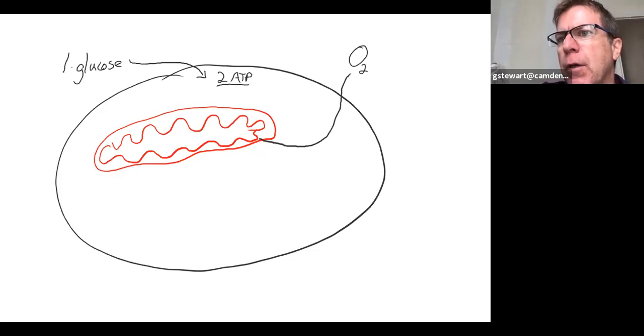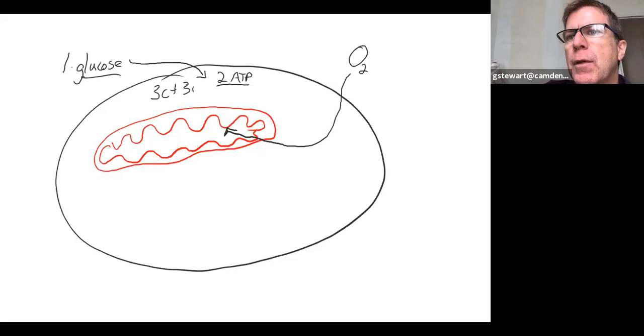And where does it go? It goes to the inner membrane of the mitochondria. This thing that started to get broken down right here into pieces, let's just write 3C plus 3C. When we start to break glucose, we get 2 ATP.